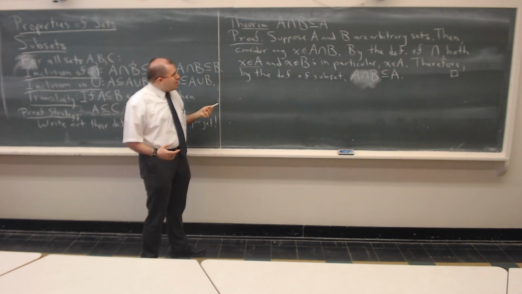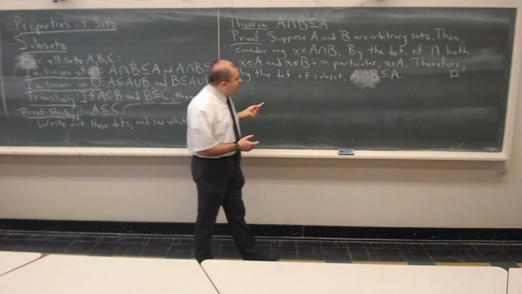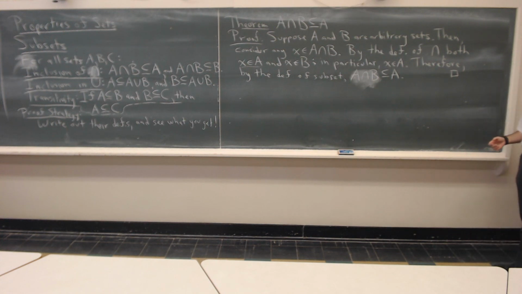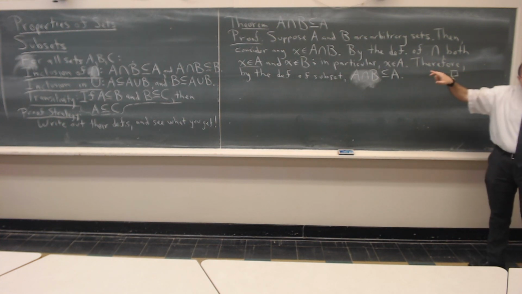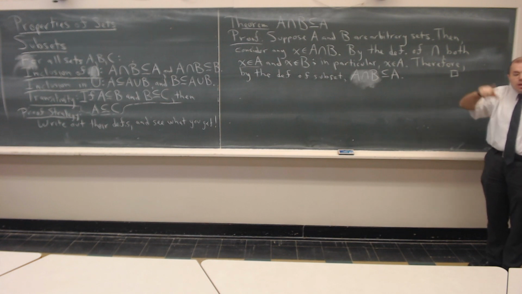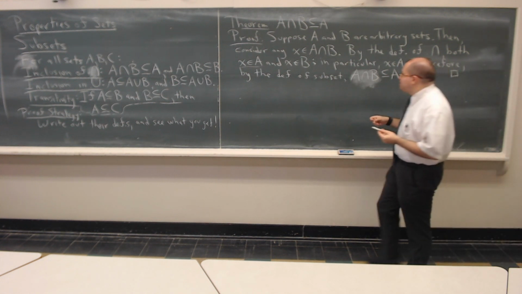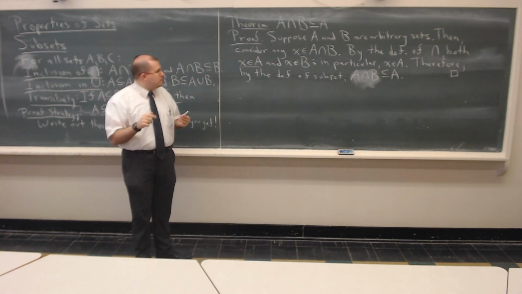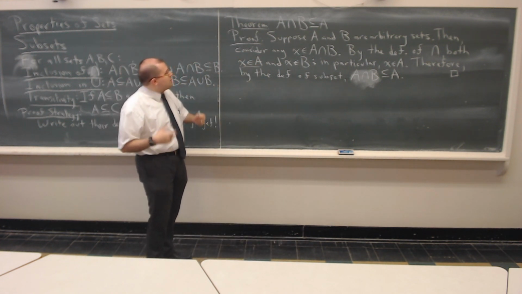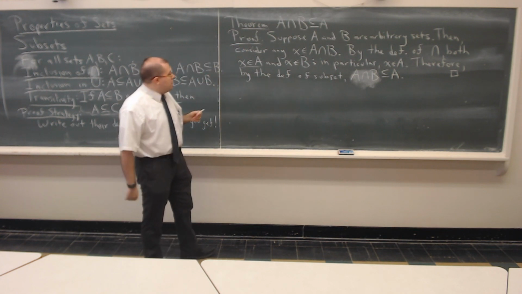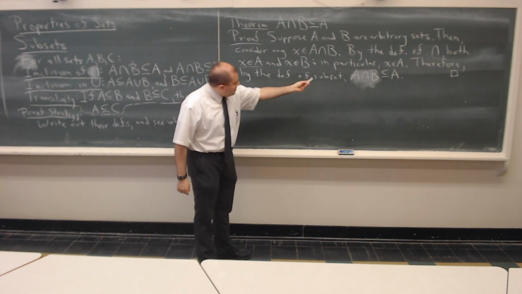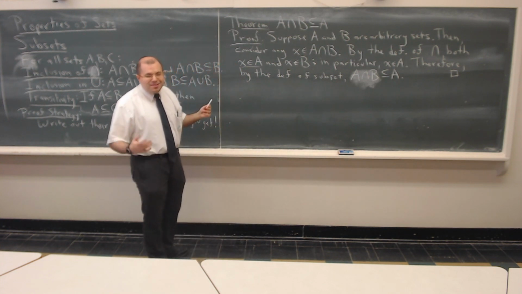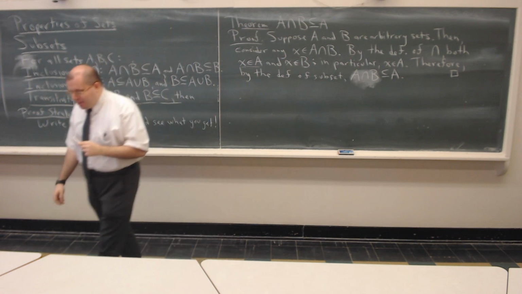So therefore, by the definition of intersection, x is in A intersection B. I already told you that it's both x is in A and x is in B, but we know that has to be x in A. Otherwise, this would not be true, because both of these have to be true for the intersection. Thus, I can say A intersection B is a subset of A. Nice and straightforward, right? It's kind of cute.